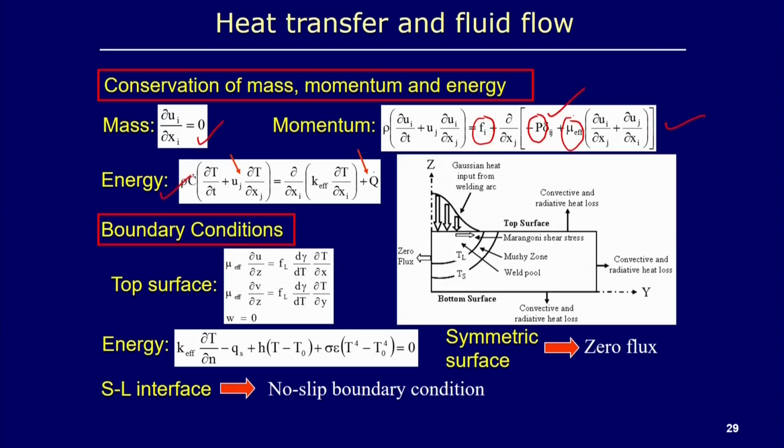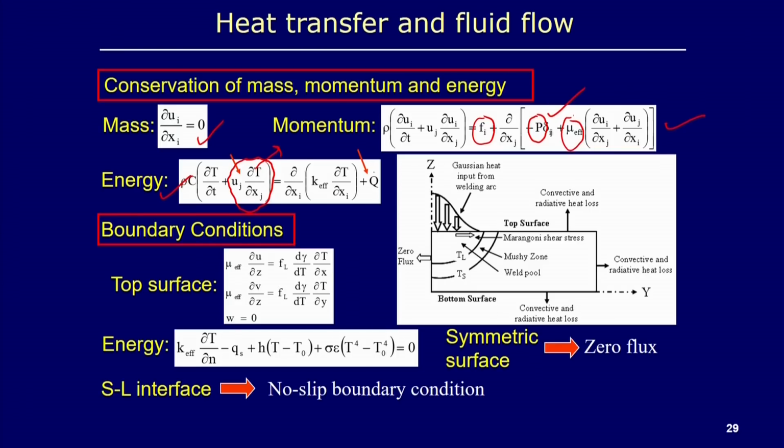Then we need to solve the energy equation also. Compared to the heat conduction equation, this term is extra in this case, because the energy equation, or the temperature field, is modified by the incorporation of the liquid molten metal. That is the convective flow of material, which we consider by this term, and it modifies the solution of the temperature distribution in the energy equation.